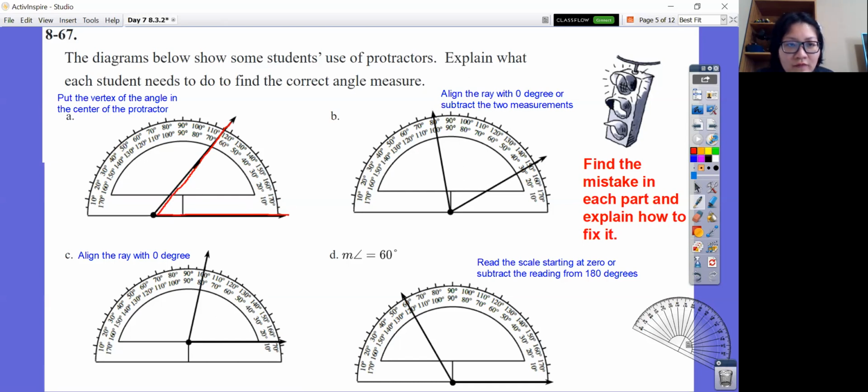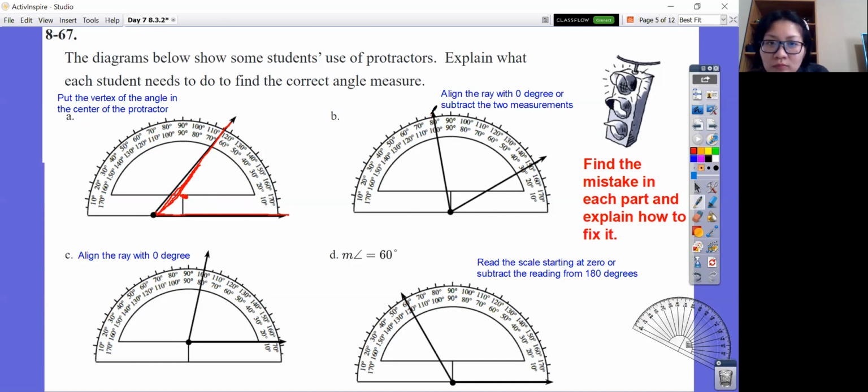This student doesn't know how to use his protractor. So this is not the way to get the answer done correctly. So what happened? He or she doesn't match the vertex of the angle with the center of the protractor. These two don't match. It has to match.